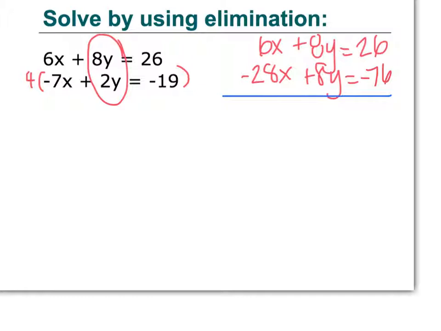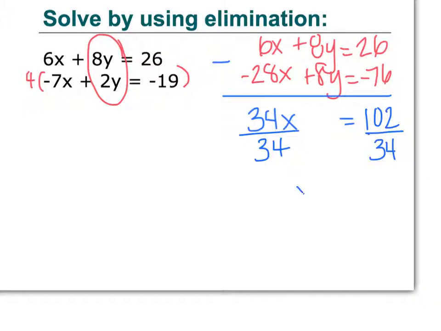Now since these both match, I'll subtract. 6x minus negative 28x is going to give me a positive 34x. 26 minus negative 76 is positive 102. I would divide both by 34. And now I know x is equal to 3.